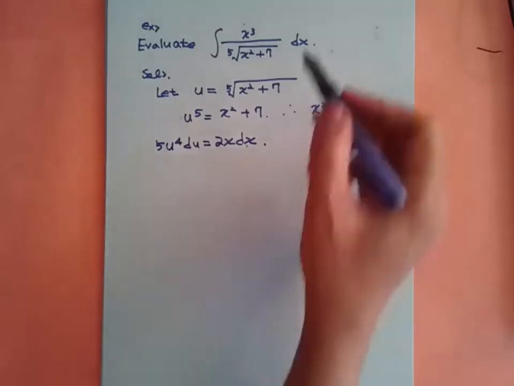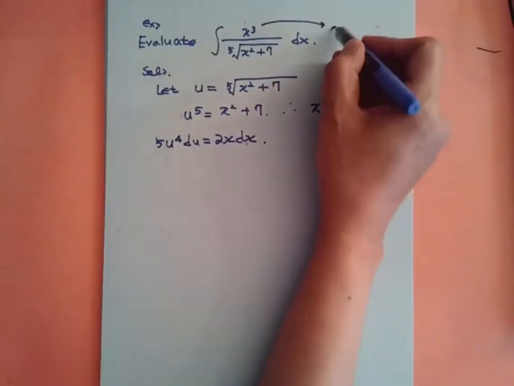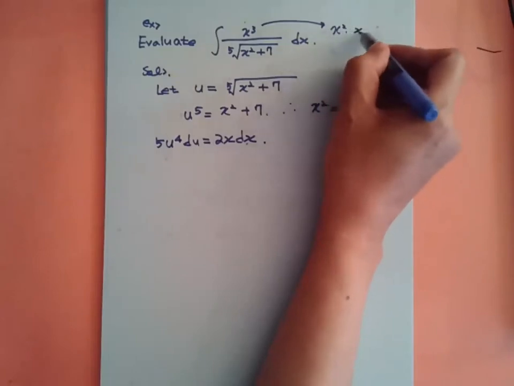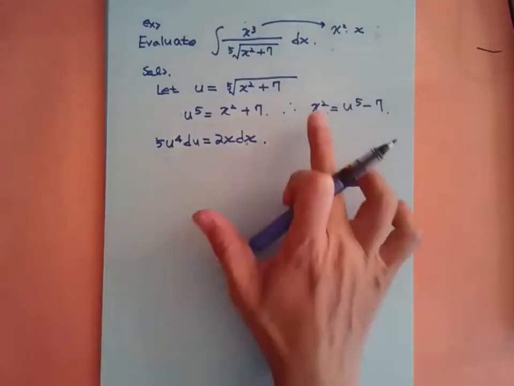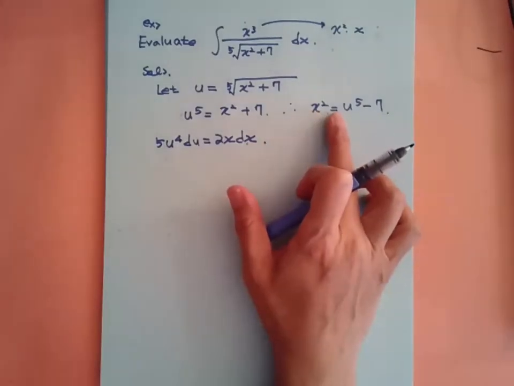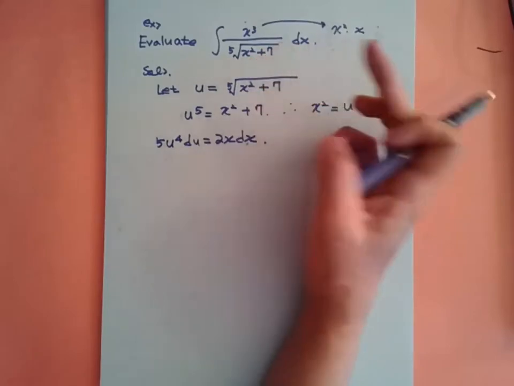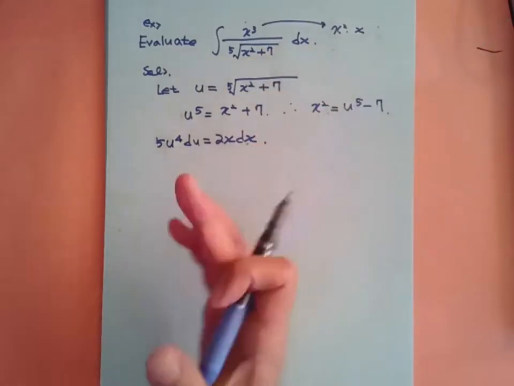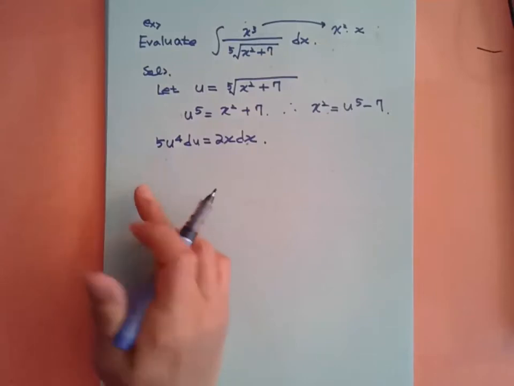So what I said was probably you can imagine that this one can be split into x squared times x. And then x squared can be converted into u related thing. The denominator becomes u, and the x dx will be 5 over 2 u to the 4th power du.